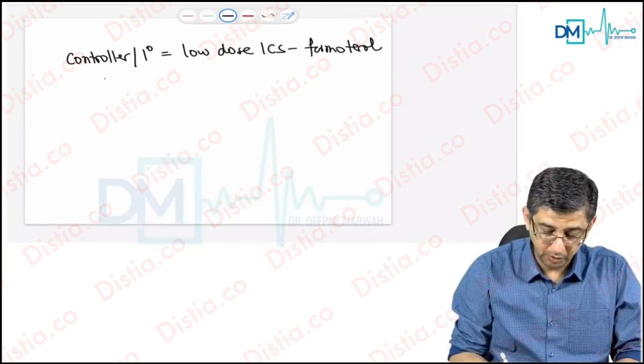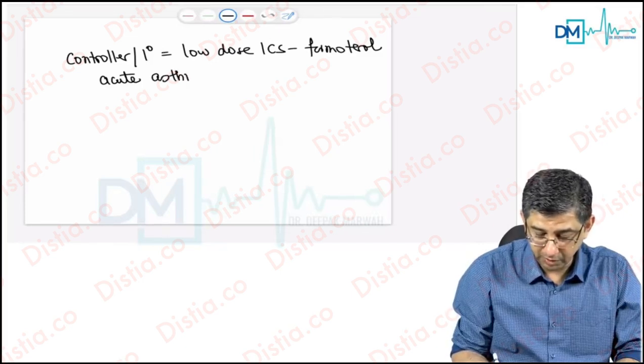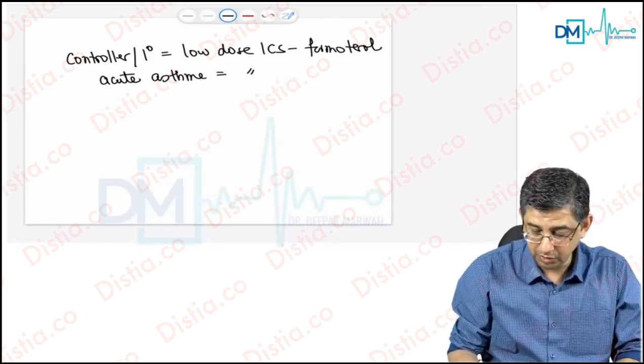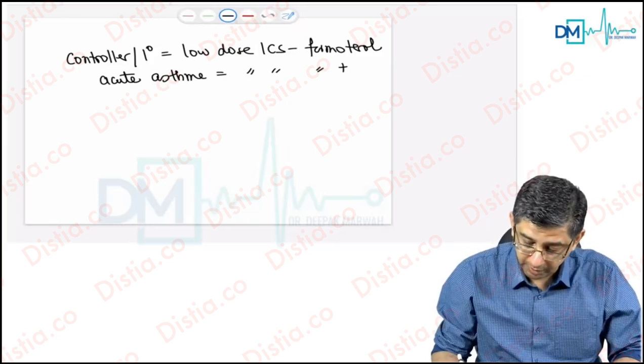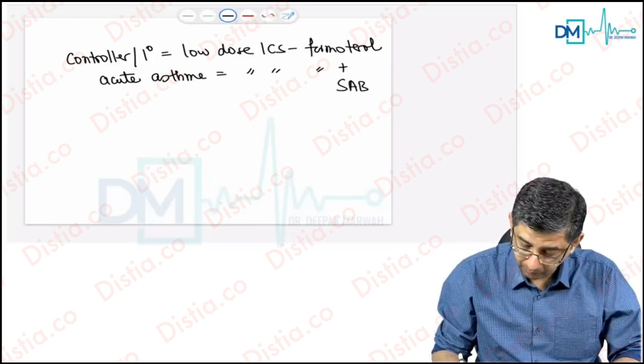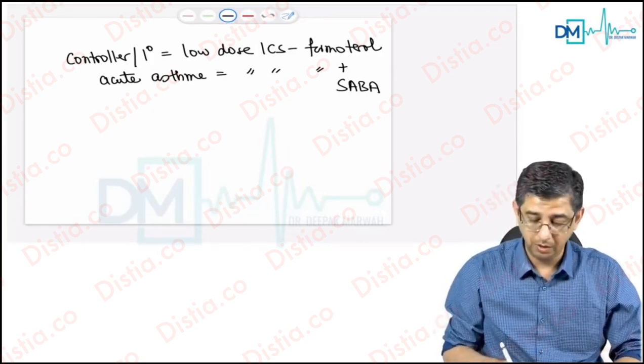If he talks about acute exacerbation or just says the word acute asthma, the answer should still be given as low dose inhaled corticosteroids, formoterol, to which you can add SABA and then add even oral corticosteroids in a patient.